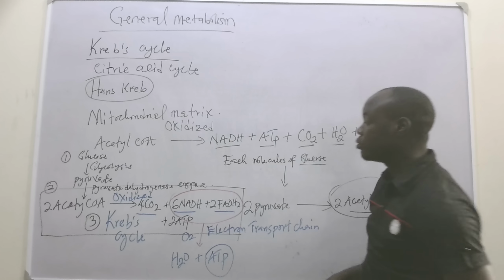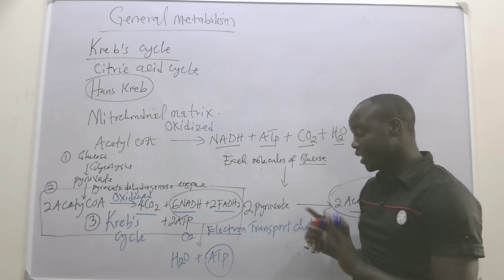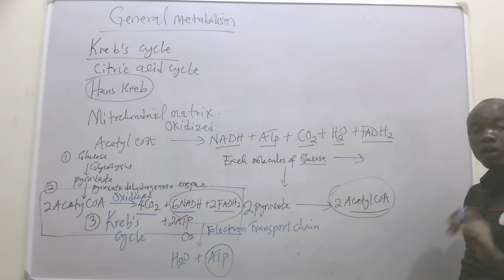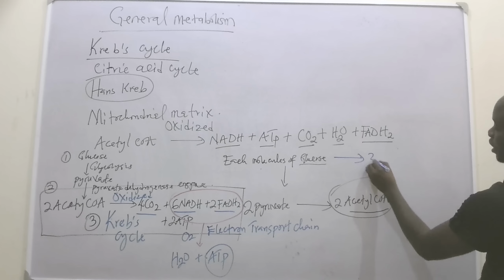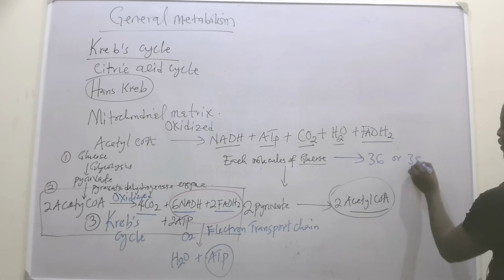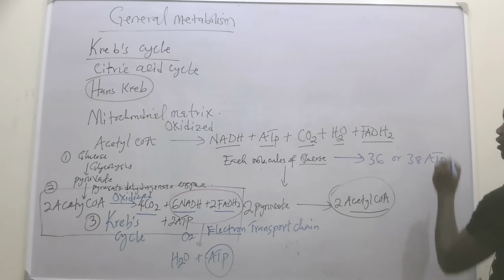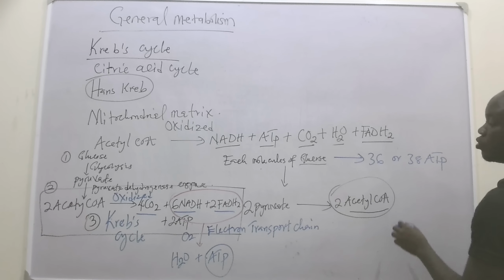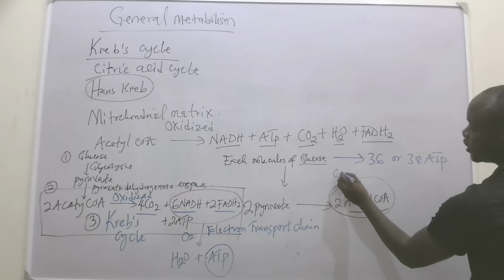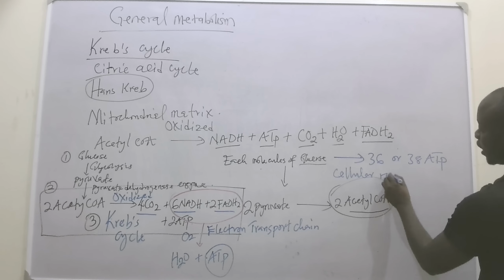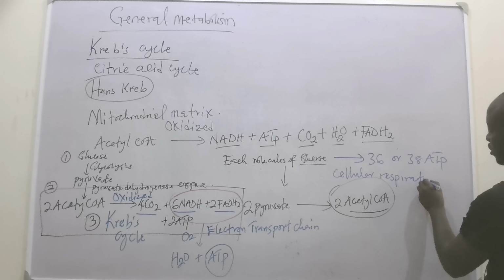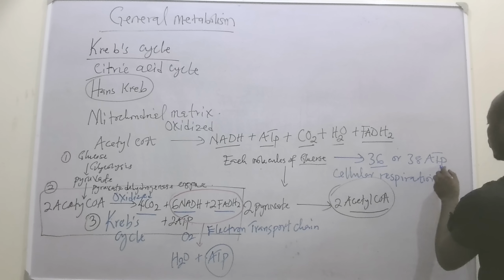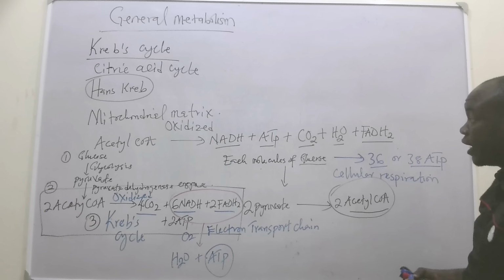So the major aim of cellular respiration is to generate ATP. That is why generally 1 molecule of glucose in the body can produce about 36 to 38 ATP. So for each molecule of glucose, when it undergoes the complete cellular respiration, it is going to produce either 36 or 38 molecules of ATP.